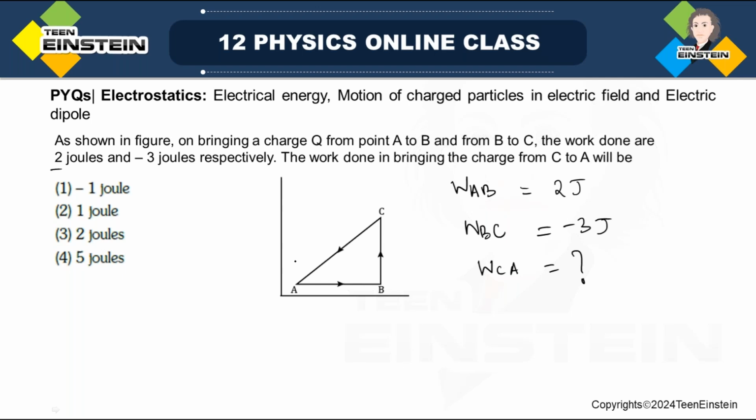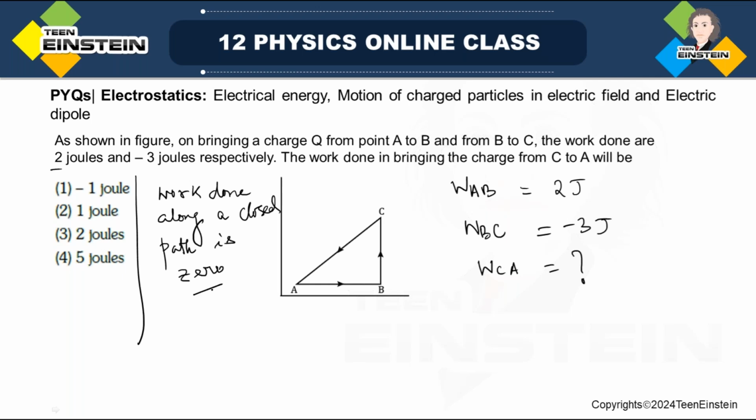So what is the principle, or what concept, you are going to use here? That is the conservative nature of the electrostatic force. When a force is conservative, the work done along a closed path is 0.